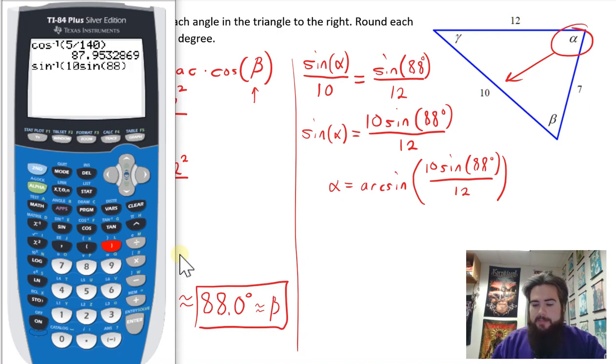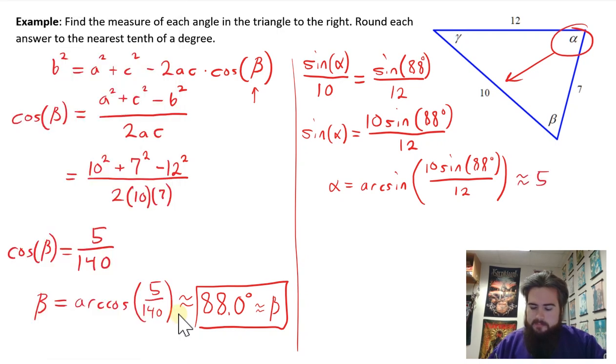Again, make sure you're in degree mode. Divided by 12. That gives me, to the nearest tenth of a degree, 56.4. So that would be my value for alpha, the next largest angle measure.